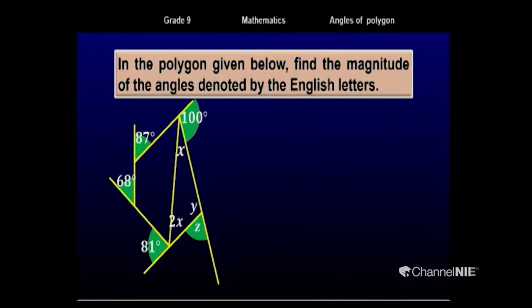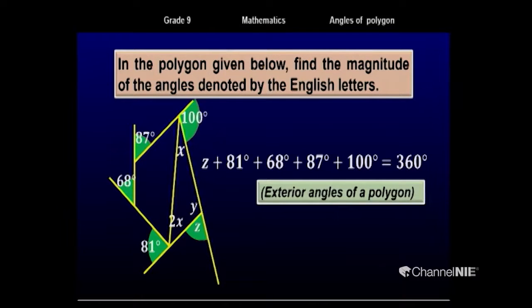What are the English letters? x, 2x, y and z. So, you can find the value of z because when we think about the sum of the exterior angles of this polygon, it is equal to 360 degrees. Then z plus 81 plus 68 plus 87 plus 100 is equal to 360 degrees.